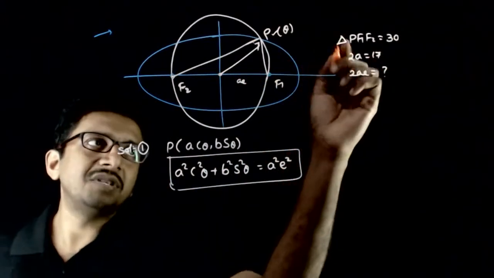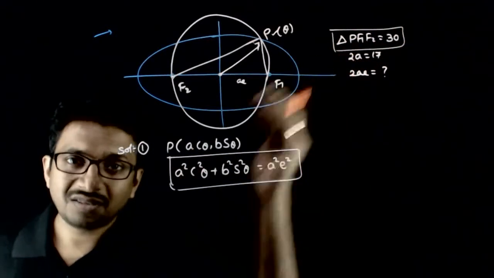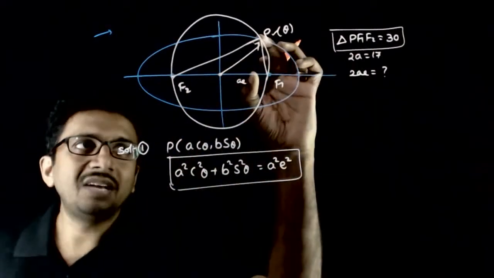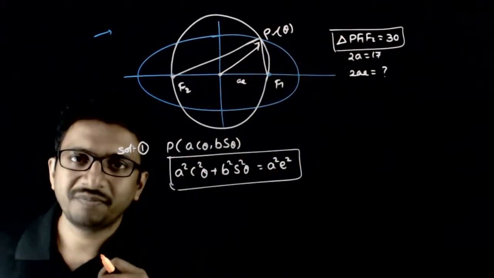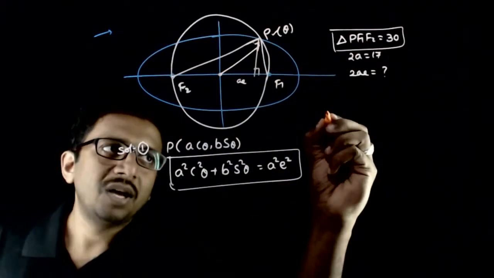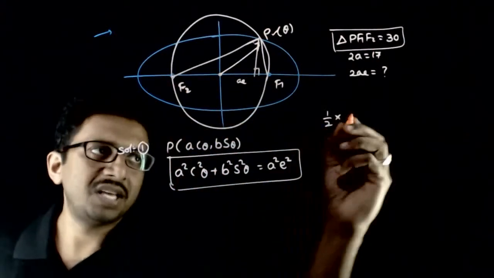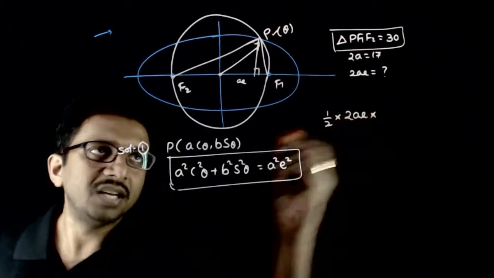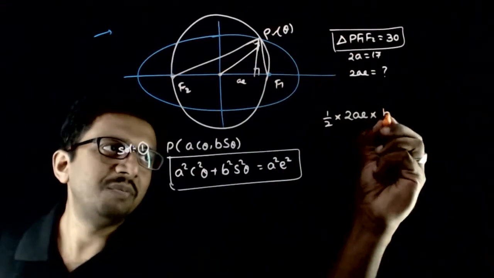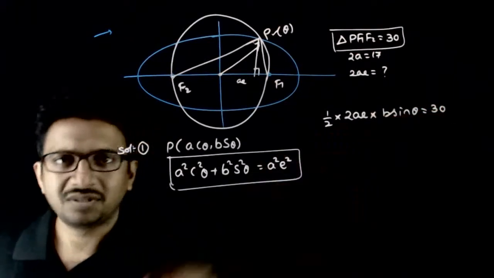Now the second equation corresponds to the triangle area. Area of the triangle is half into base into height. The height will be the y coordinate of this point P. So half into the base, the distance between the foci, that is 2AE, into the height, the y coordinate of this point, B sin theta, is equal to 30 units.